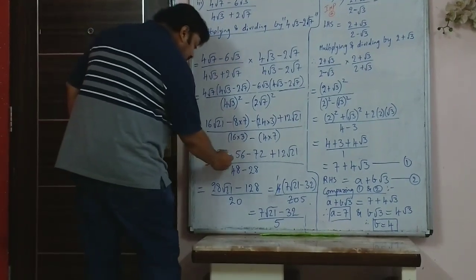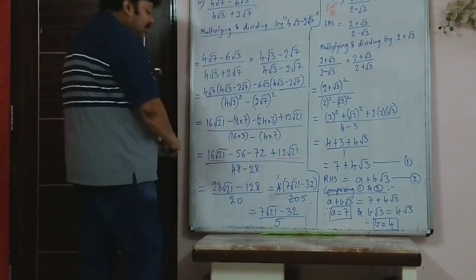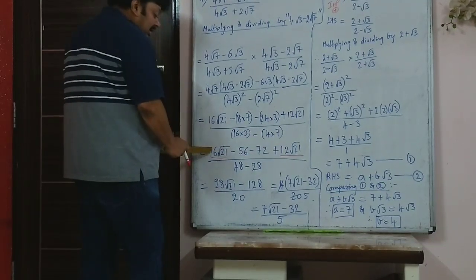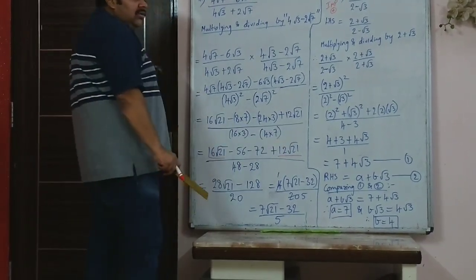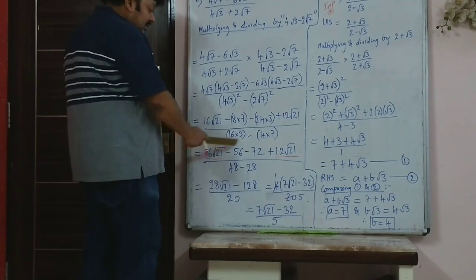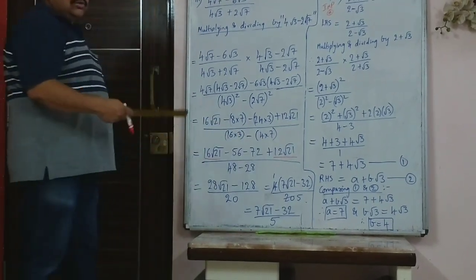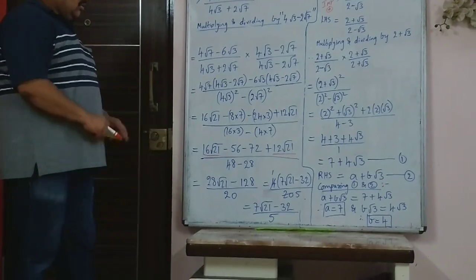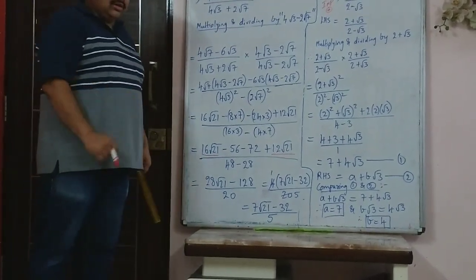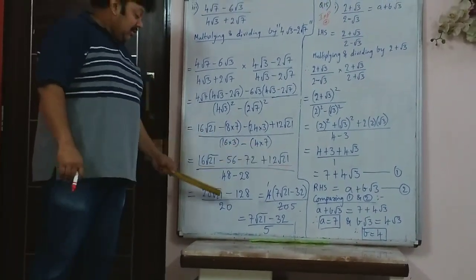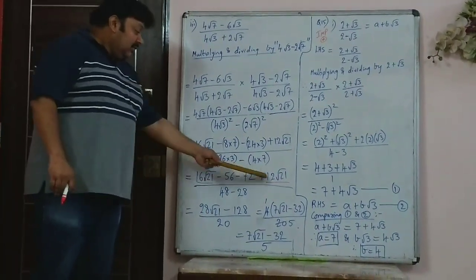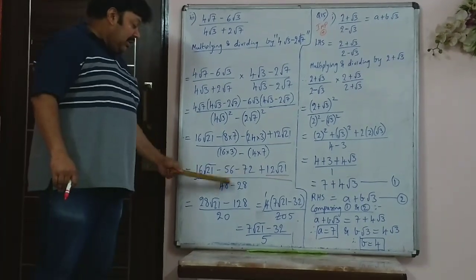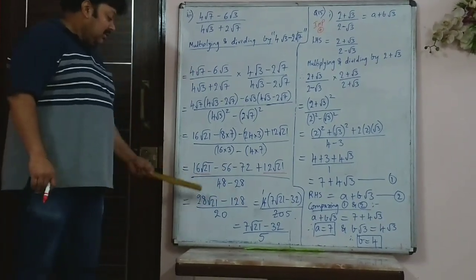For example, this and this you have to add separately, and this when you add, you can write it as 28 root 21. 16 plus 12 you can take separate outside and then take root 21 common out. So 16 plus 12 becomes 28. You need not show all those steps, you can directly write it as 28 root 21, and this when you add it becomes minus 128.